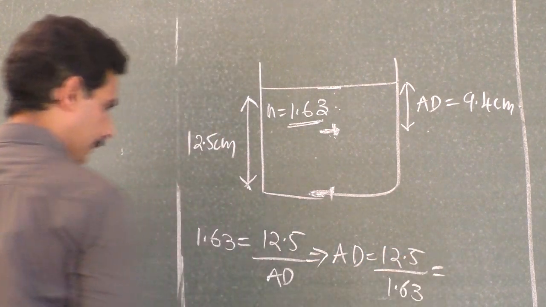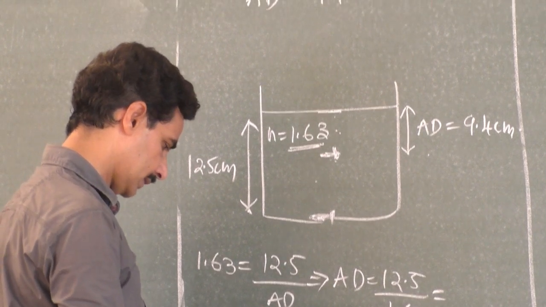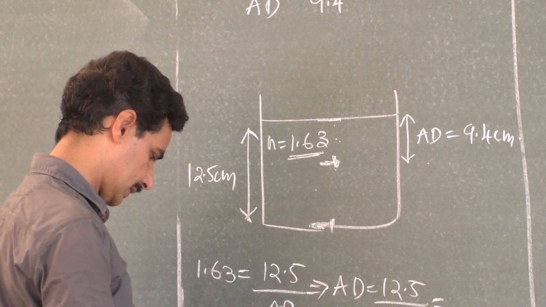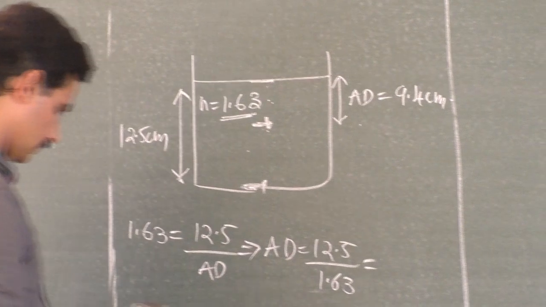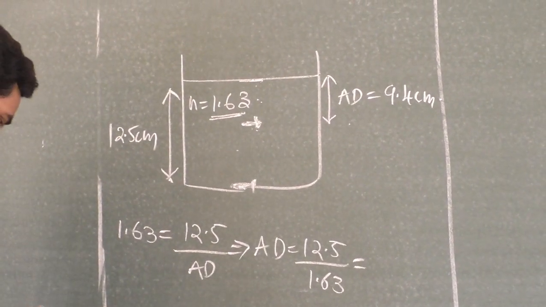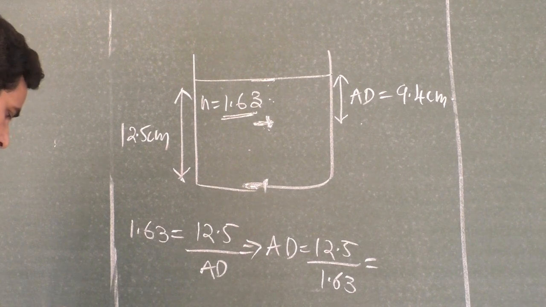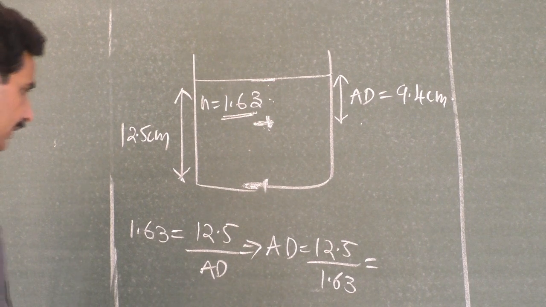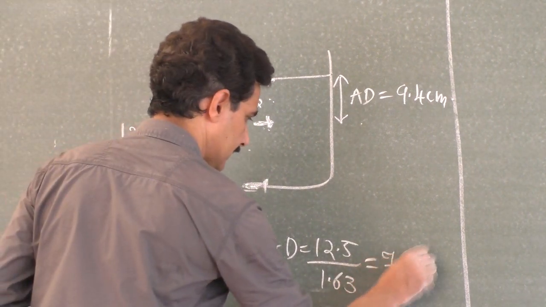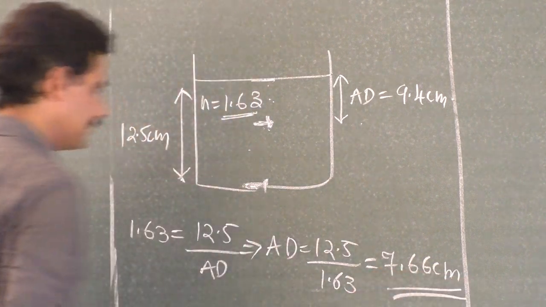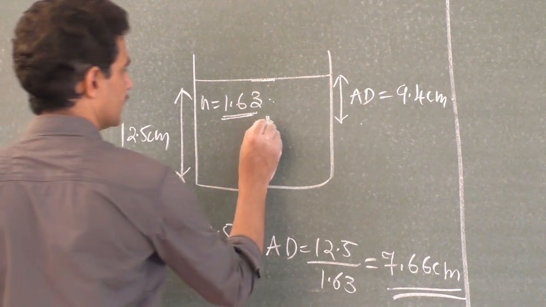That is 12.5 divided by 1.63, which is 7.66 centimeters. This is the new apparent depth. So shall I indicate it here? It is a little bit lesser than this.